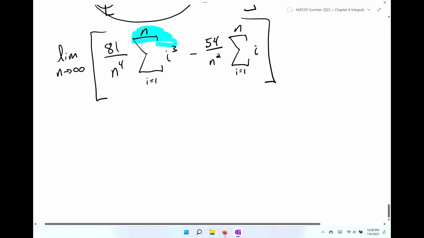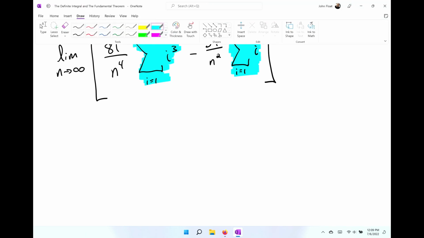We know these formulas for the summation of i equals 1 to n of i cubed and the summation i equals 1 to n of i. So we're going to go ahead and substitute those formulas in.